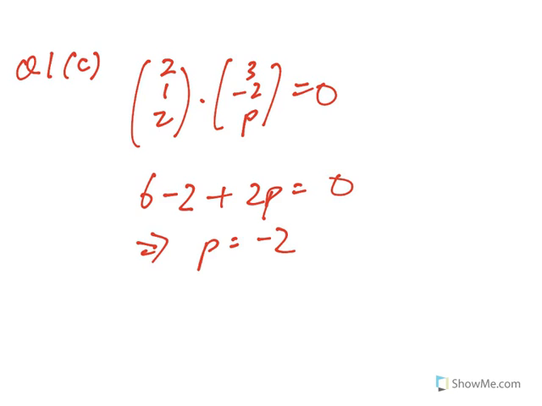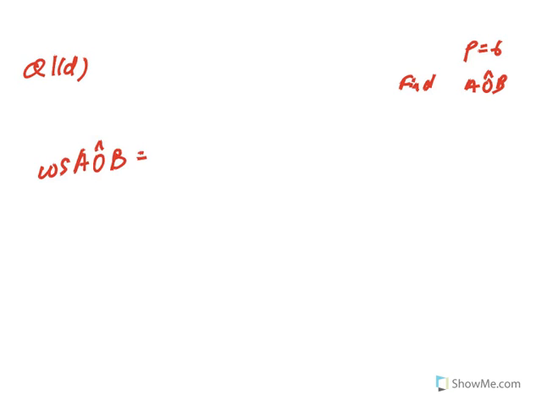Okay, after that, 1D. Easy, right? Easy game. I need to find, with P equals 6, the angle AOB. You still remember how to find the cosine angle? Kalisa, come tell me the formula. Cosine AOB equals what? OA dot OB over the magnitudes.